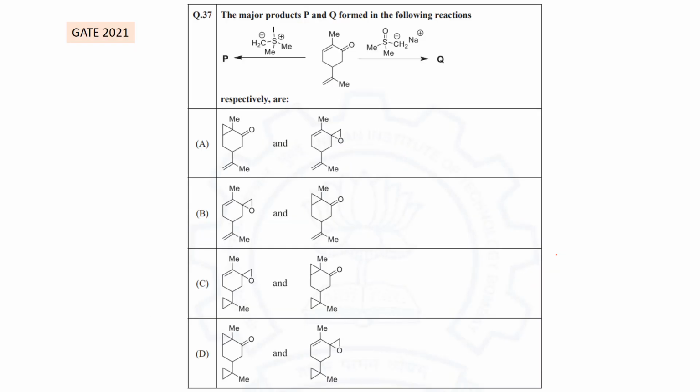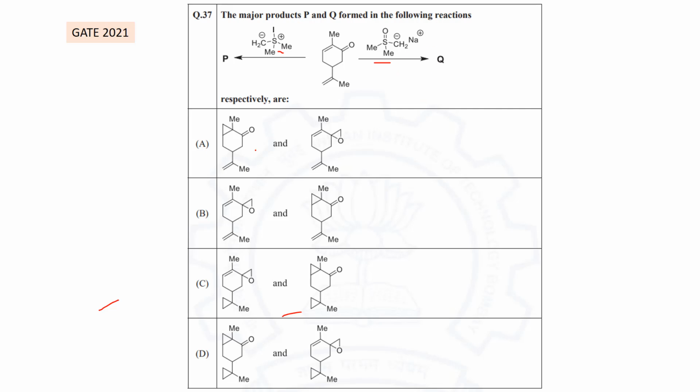So there is a question: what will be the major products P and Q formed in the following reaction? In this one they have given a sulfonium ylide, and this is a sulfoxonium ylide. We have already said if we are giving a sulfonium ylide, what will react? The carbonyl group will react. So this group will react, and we will get an epoxide.